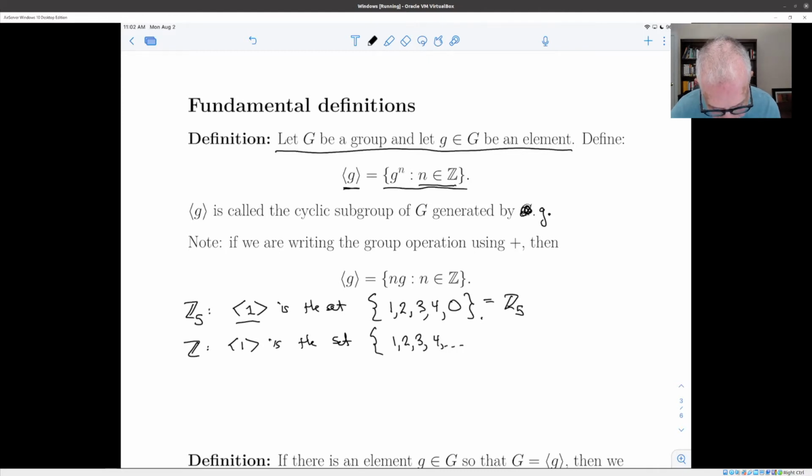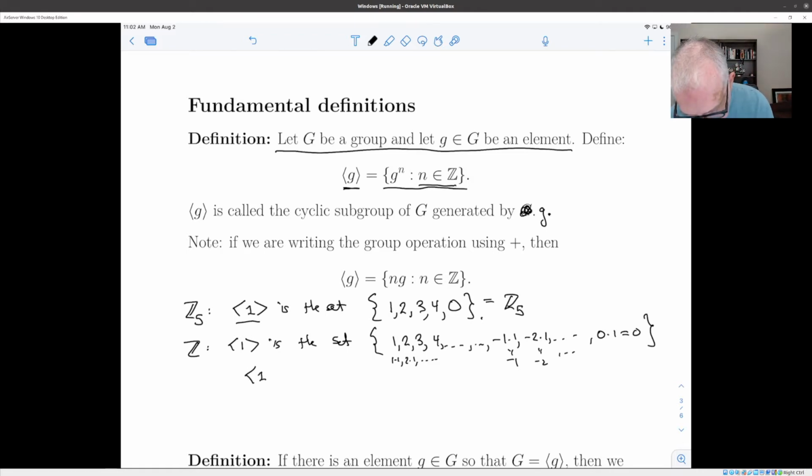This is 1 times 1, 2 times 1, and so forth. But we're also supposed to take minus 1 times 1, minus 2 times 1, and so on, which is minus 1, minus 2, and so forth. And we're supposed to take 0 times 1, which is 0. And so again, we see that the subset generated by 1 is all of the integers.